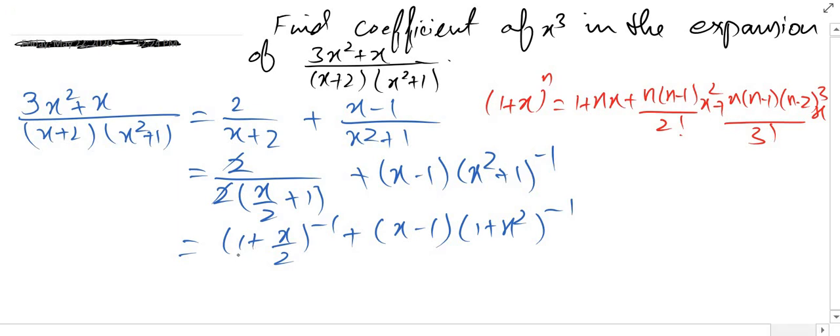That is equal to 1 plus nx, where n is minus 1 here and x is x over 2.